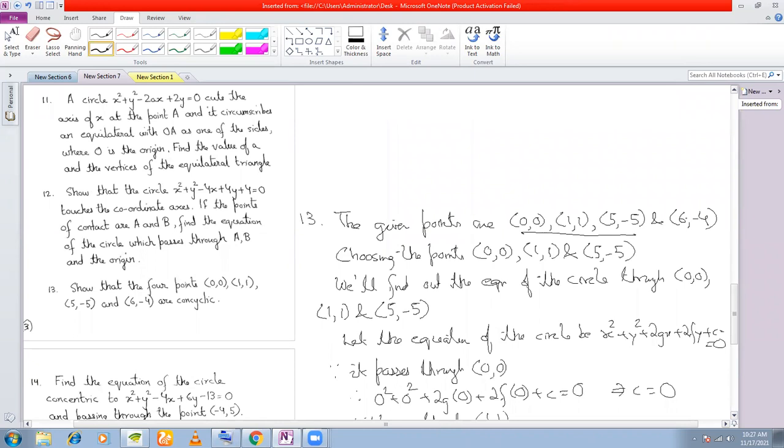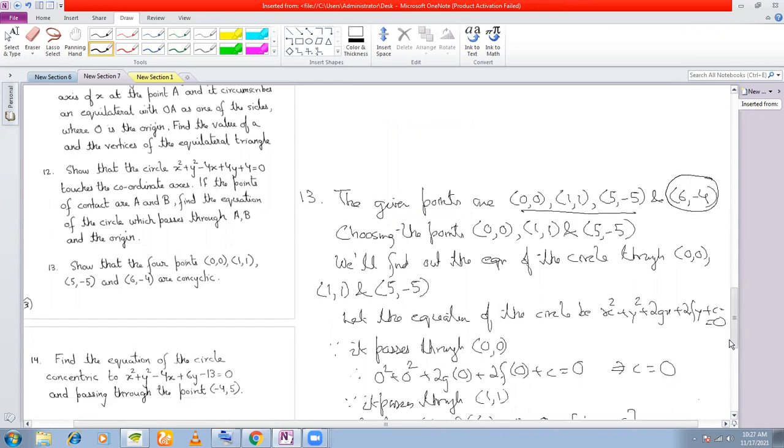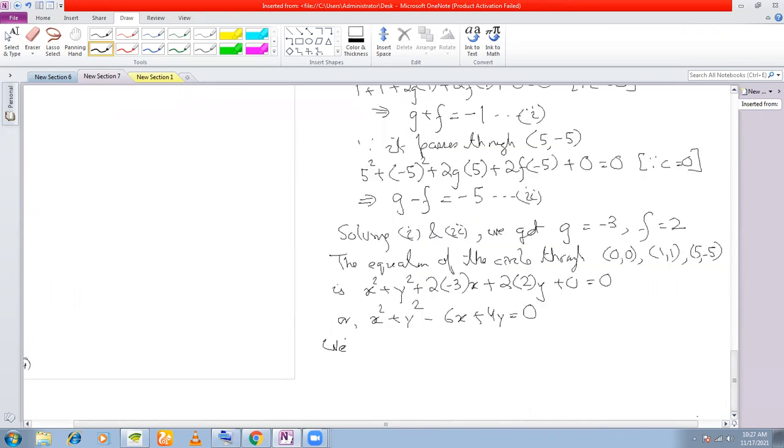Now what I'll do is I will show that this coordinate also satisfies the equation of the circle. If this coordinate satisfies the equation of the circle, then can I say that all the points lie on the same circle, right? Yes. So we'll now show that, let us call this 3, that 6 minus 4 lies on 3. How will I show?